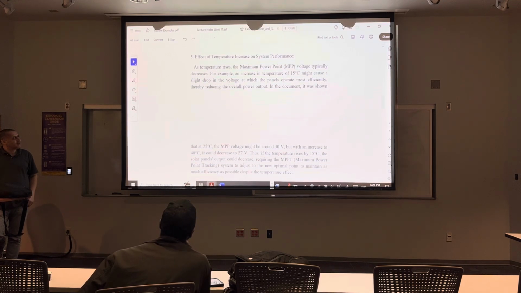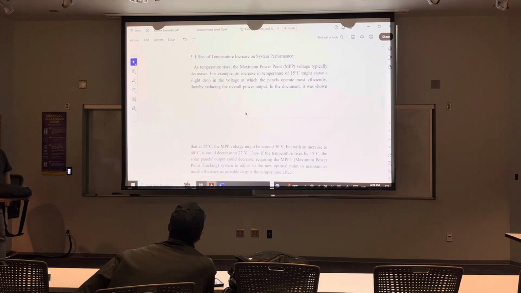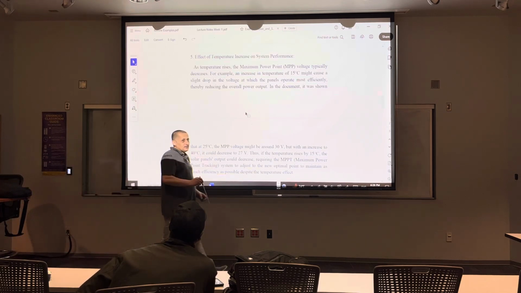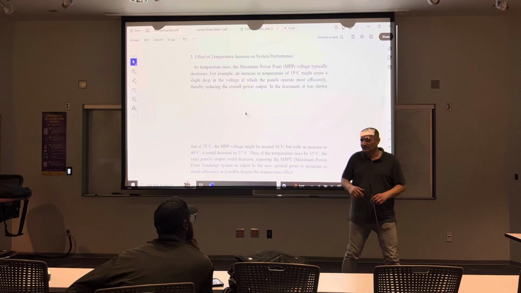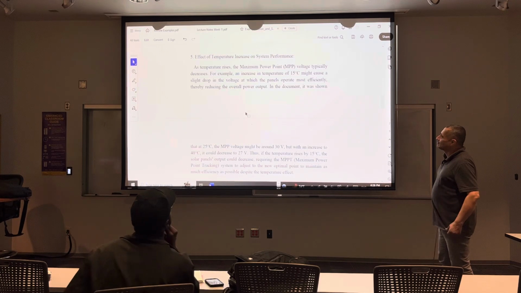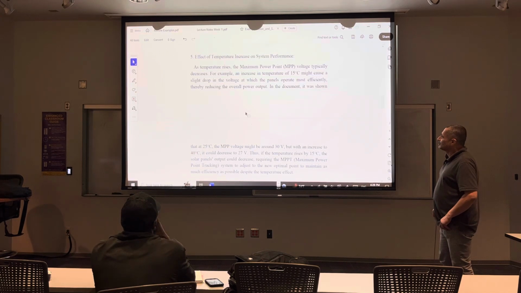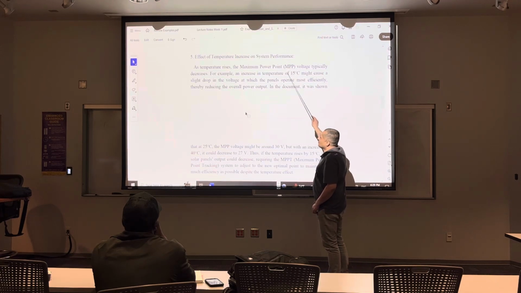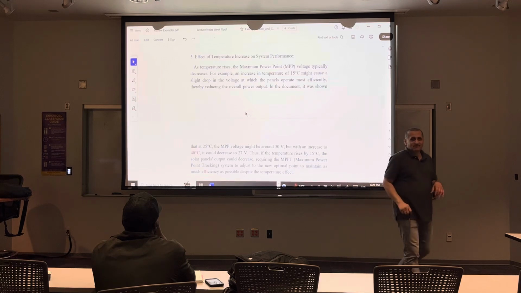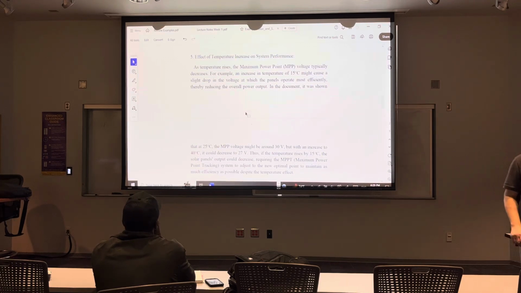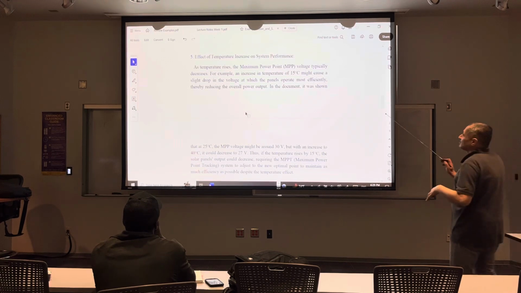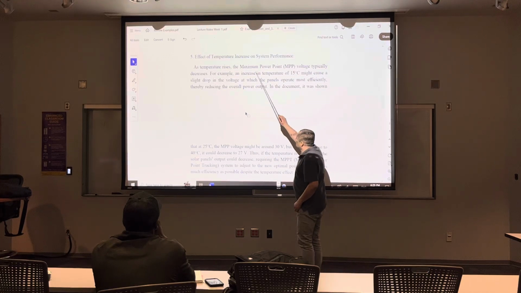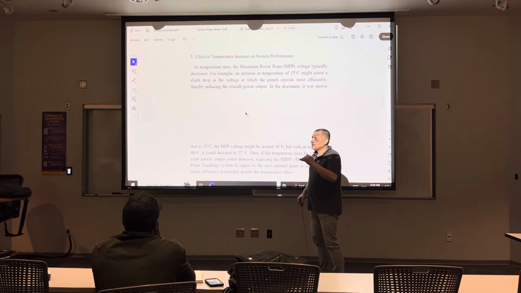Now, the effect of temperature. If T increased, the voltage at the max power point, MPPT, will decrease.